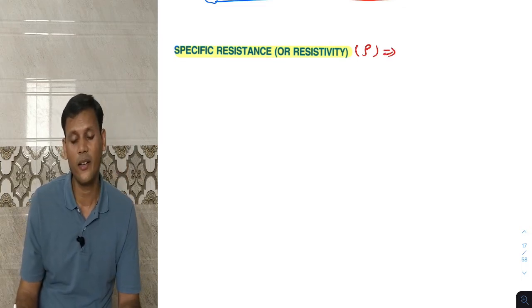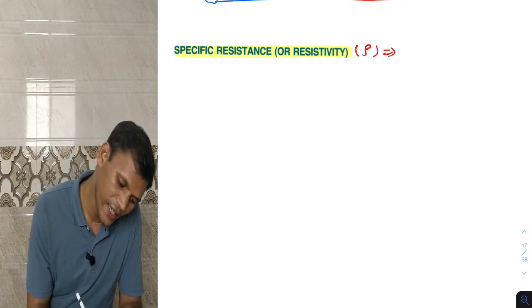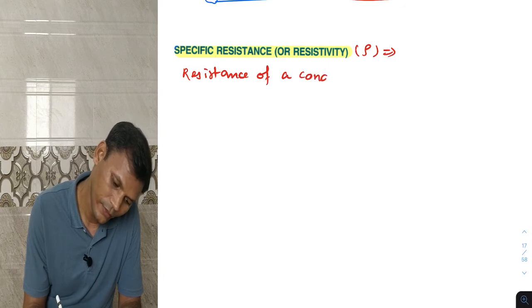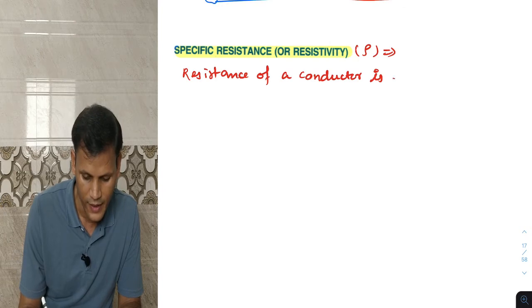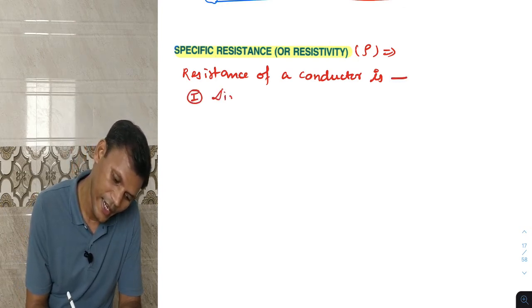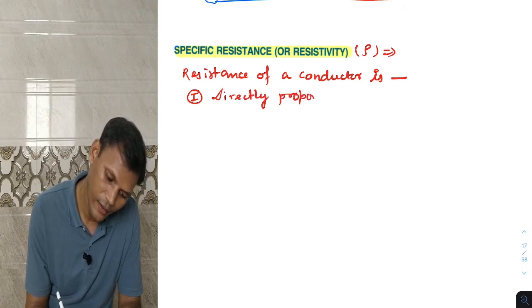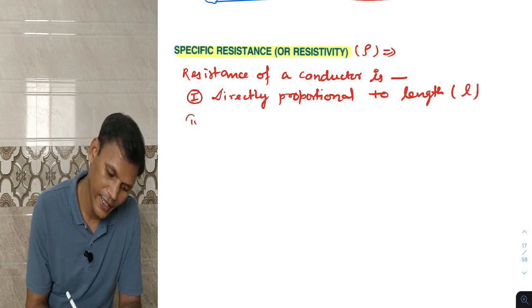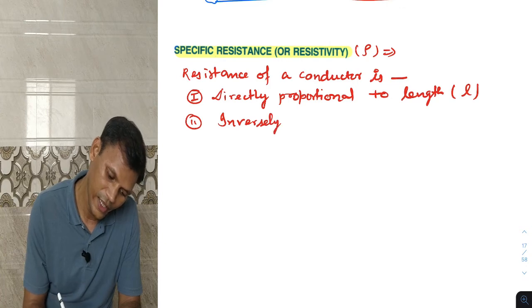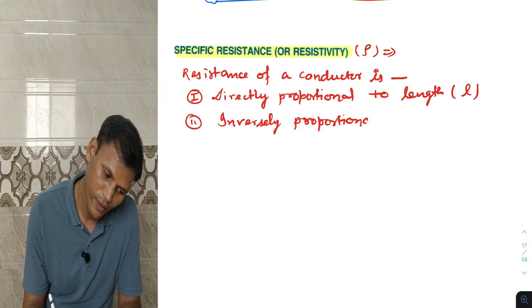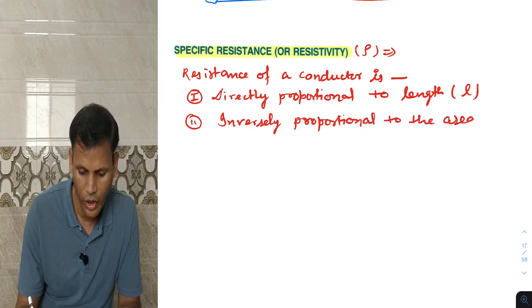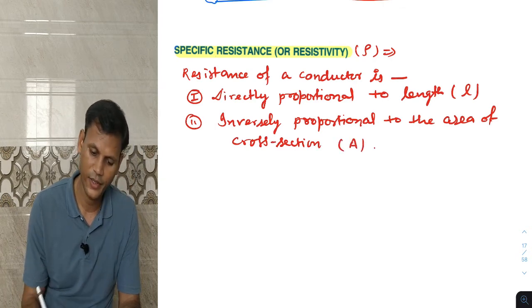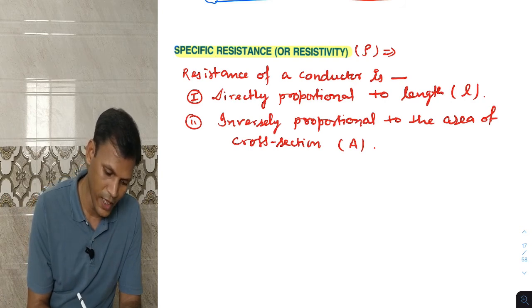So, specific resistance or resistivity, we can say resistance of a conductor is, two observations we get, directly proportional to length of conductor, and second, it is inversely proportional to the area of cross section, that is capital A, I will write. So resistance, which is represented by capital R.